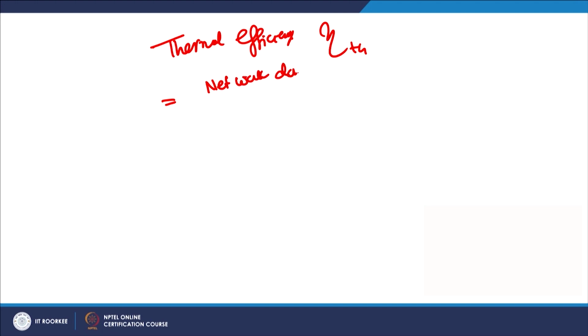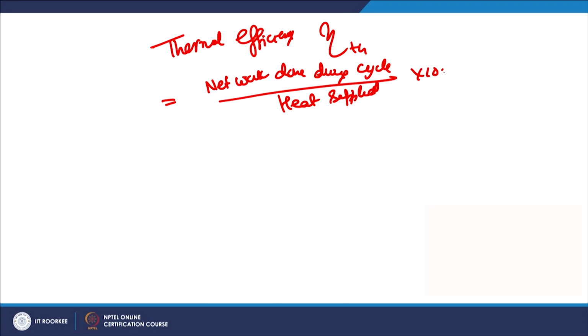Now let us talk about the thermal efficiency. Now this is equal to net work done during cycle divided by heat supplied multiplied by 100.